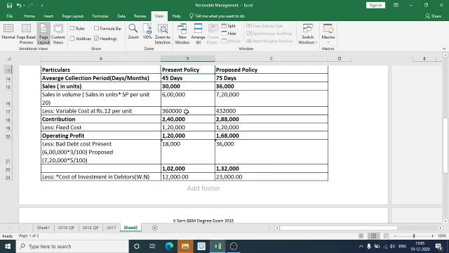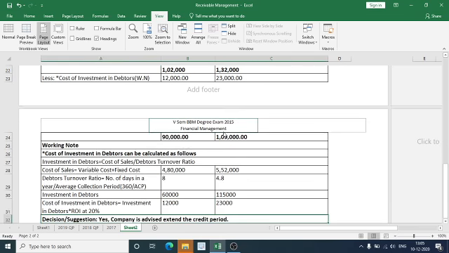Variable cost is 3,60,000 plus 1,20,000 for present policy, as well as 4,32,000 plus 1,20,000. If you add that, it comes to 4,80,000 and 5,52,000 cost of sales. The turnover ratio is the number of days in a year divided by the average collection period. So 360 upon 45 comes to 8 times, and 360 upon 75 comes to 4.8. Here we assumed 360 days in a year for our calculation purposes.